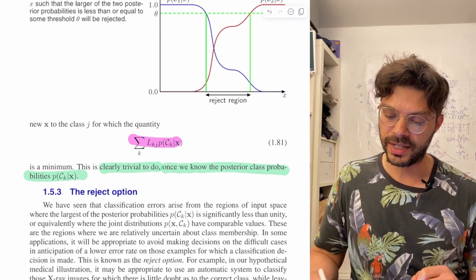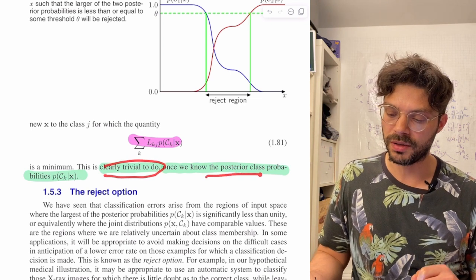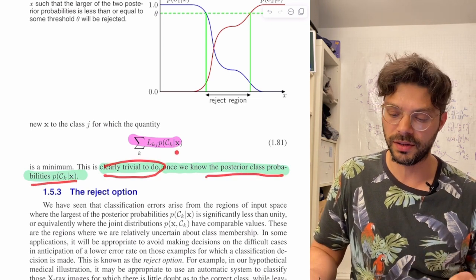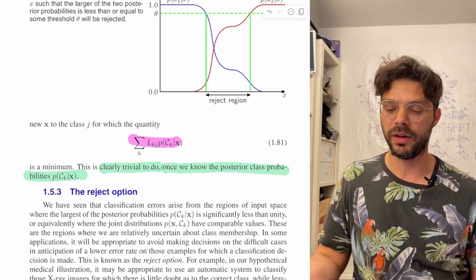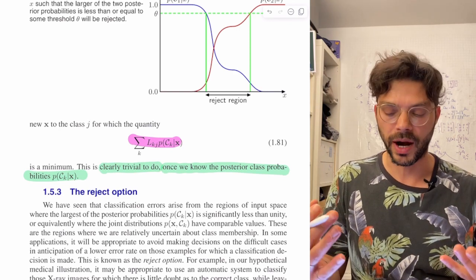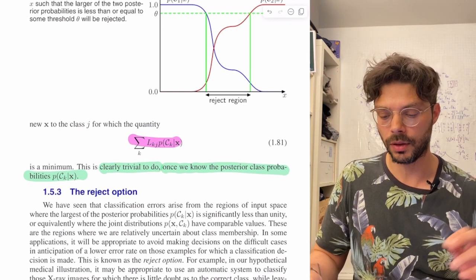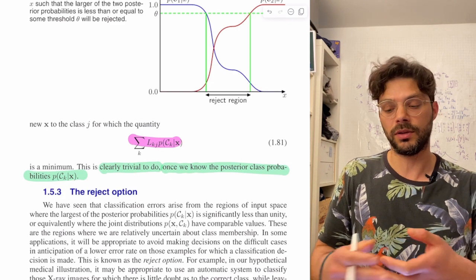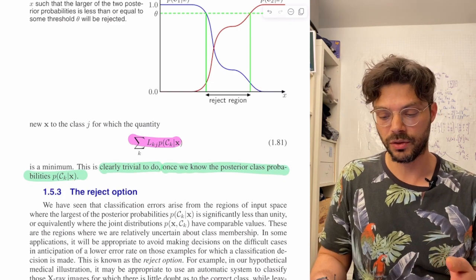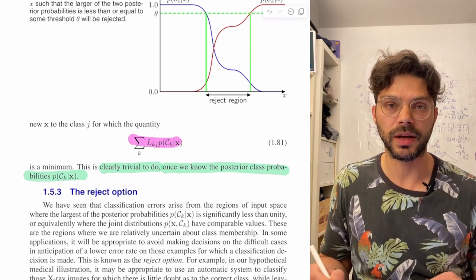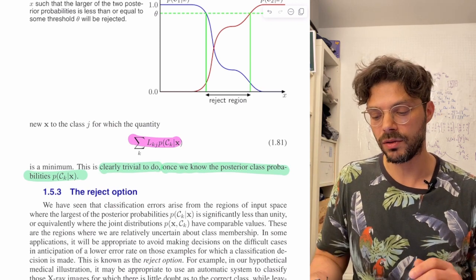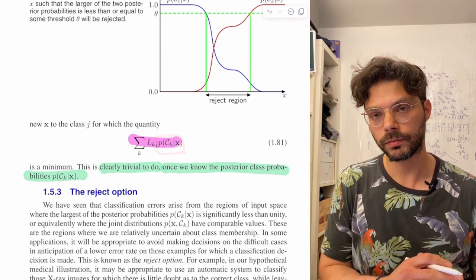And then he says this is clearly trivial to do once we know the posterior class probability. Usually figuring this out is the hard bit. Once you have that, and you've arrived at a loss function, since otherwise you can't do decision theory, then you just form these weighted sums and you minimize that. It's a really easy thing to do once you've got these posterior probabilities.